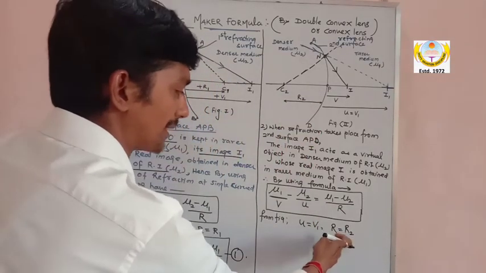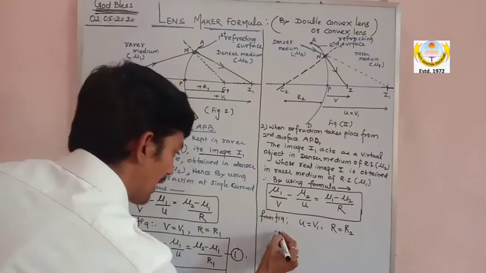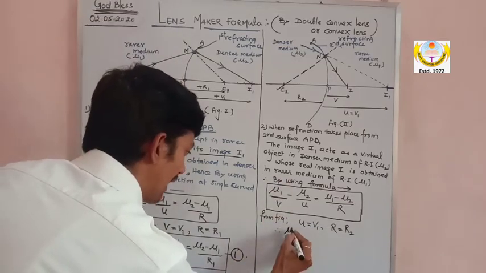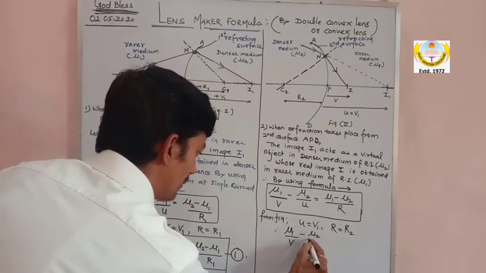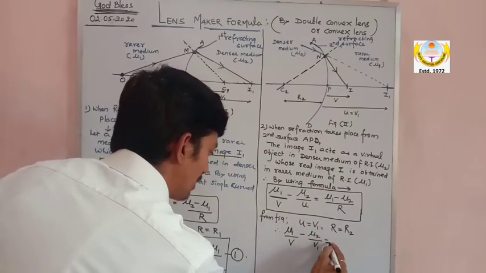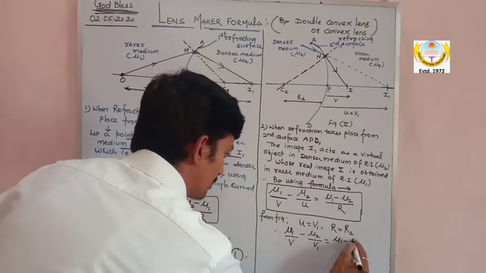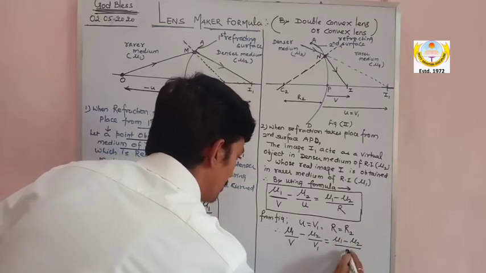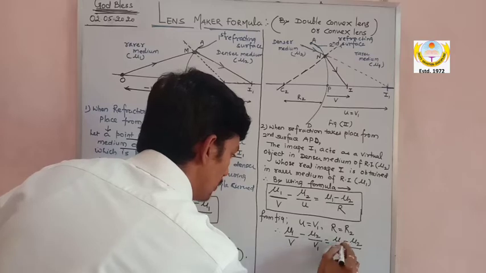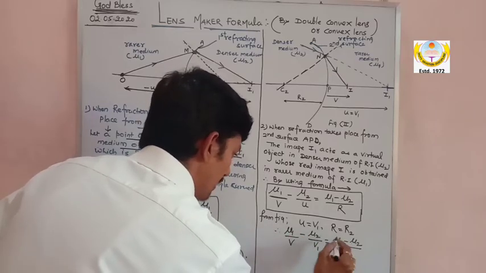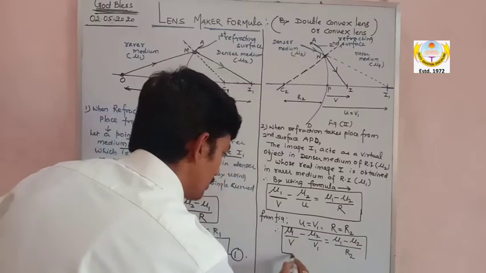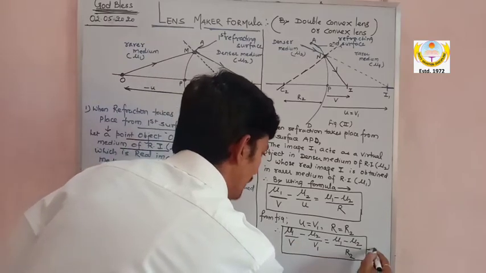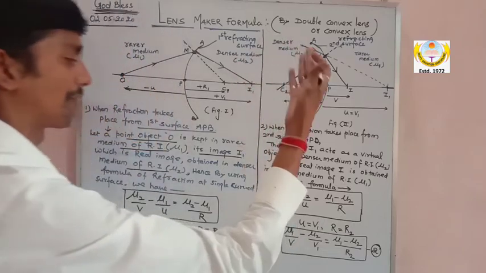The radius of curvature is R2. So what will be the formula? Therefore, mu1 divided by V minus mu2 divided by V1 is equal to mu1 minus mu2 divided by R2. So this is the formula, my dear, when I use the second refracting surface.